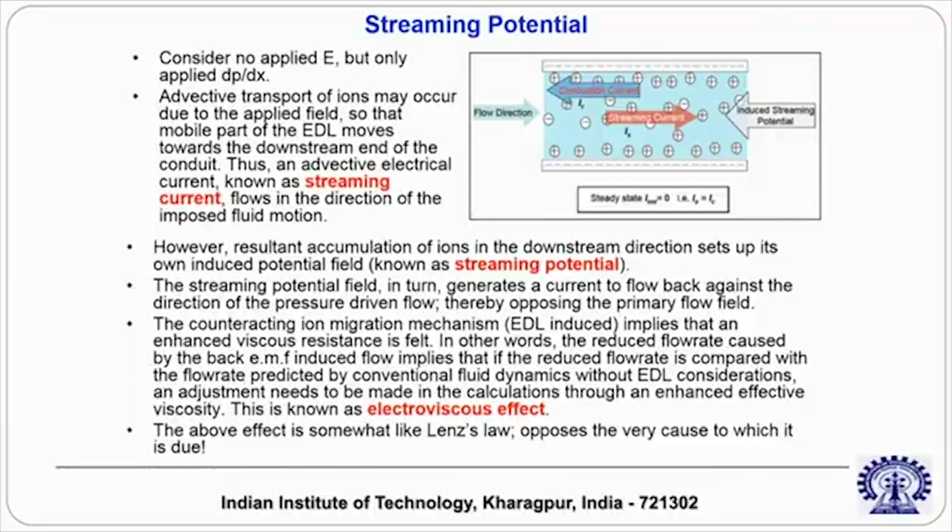One is streaming potential. So, streaming potential, what you do is instead of applying an electric field you apply a fluid flow. So, when you apply a fluid flow through a pressure gradient, then because of the electrical double layer effect there are ions in the solution, these ions will be migrating in a particular direction and a potential will be created across the channel.